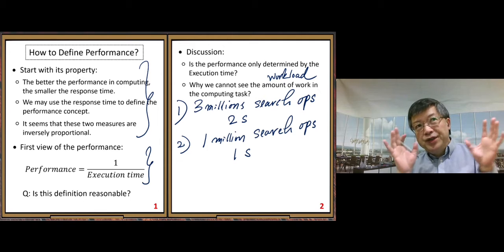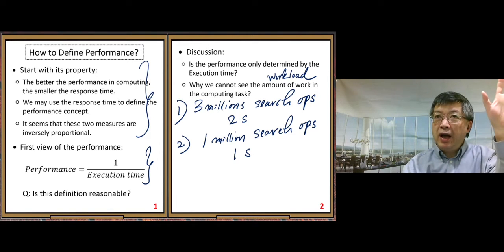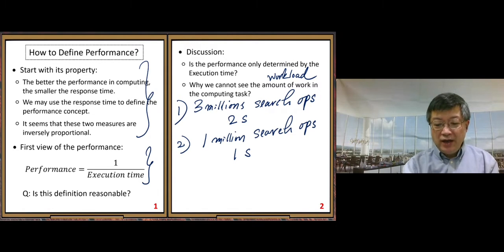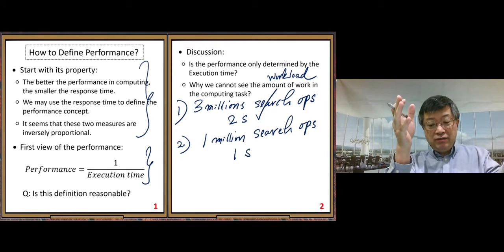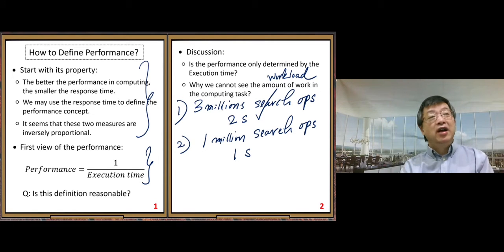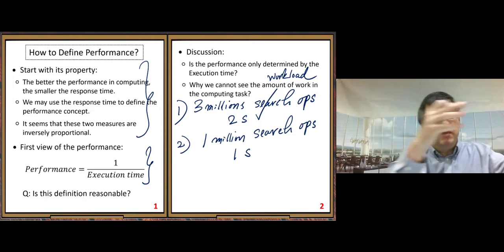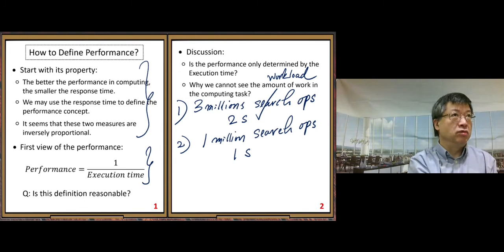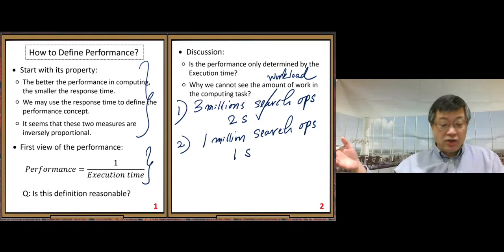If we compare these two programs, which one should have faster performance? You can see immediately that the first one has faster performance: 3 million in 2 seconds. Double the execution time, but triple the number of operations processed. So if you compare in that way, definitely the first one is faster.